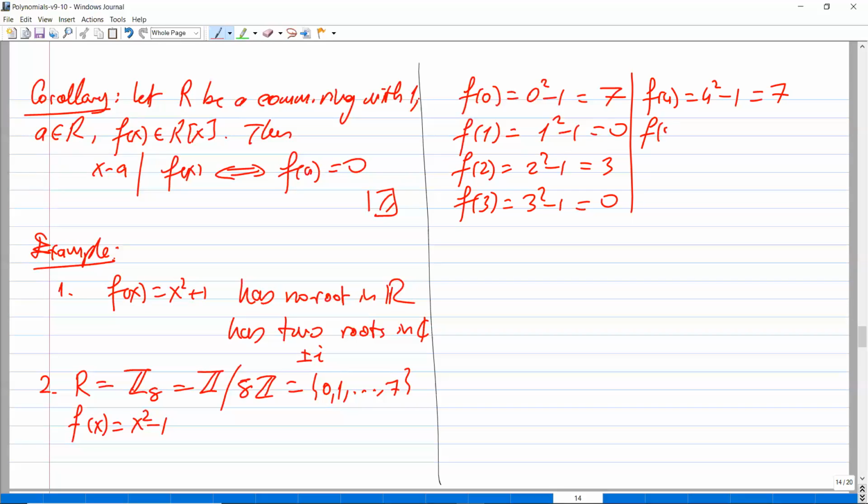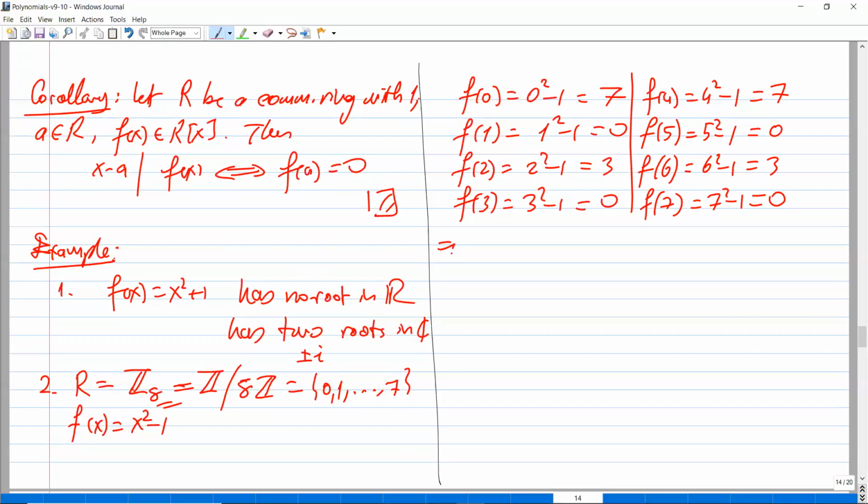And f of 5, remember we are looking in Z8, is 5 squared minus 1, which is 24. 24 is 3 times 8, so that's equal to 0. And f of 6 is 6 squared minus 1, which is 35, which is 3. And f of 7 is 7 squared minus 1, which is 48. 48 is equal to 0 in Z8.